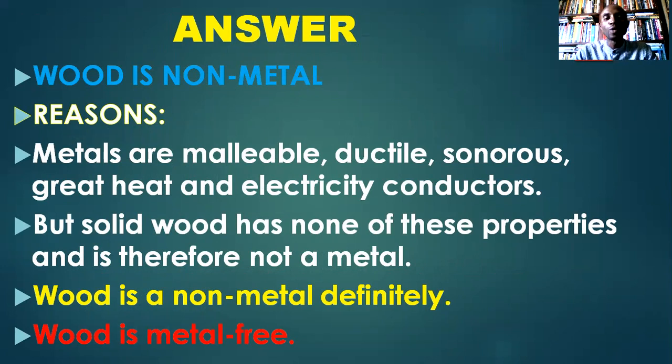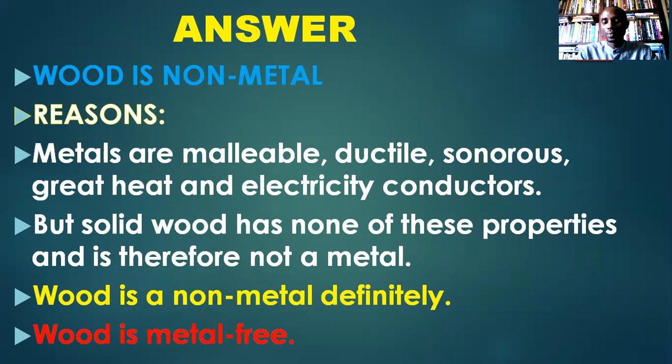Wood is not malleable, wood is not sonorous, and it does not conduct heat and electricity. For that reason, wood is not a metal. It's a solid, of course, but it has none of these properties of metallic character. So therefore, wood is not a metal. Wood is non-metal, definitely. It's metal-free.